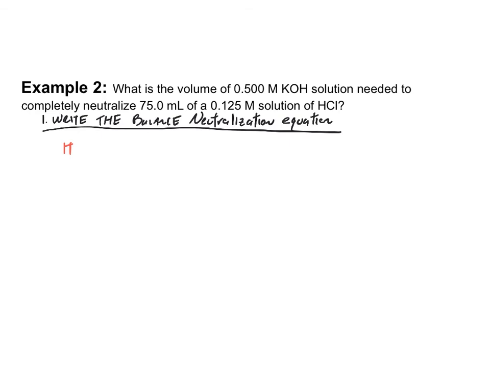And I'm going to take my base, which is KOH, potassium hydroxide, and I'm going to mix them together. And hydrochloric acid is a solution, the KOH is a solution, and on the product side, I get HOH, and I get KCl.